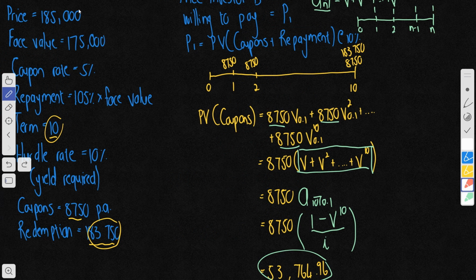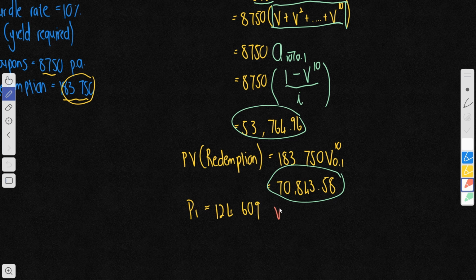Remember that the bond is currently trading at $185,000 on the bond exchange. So what we need to do is to compare the price that the investor is willing to pay against the price at which the bond is trading. Now, clearly this price of 124,000 odd is a lot less than the price at which the instrument is trading.